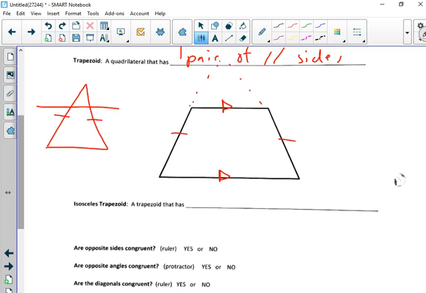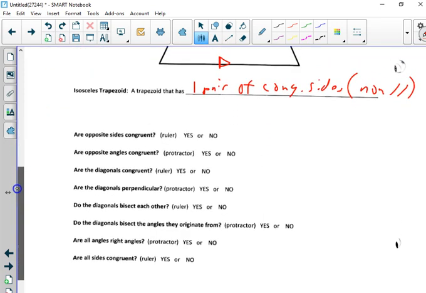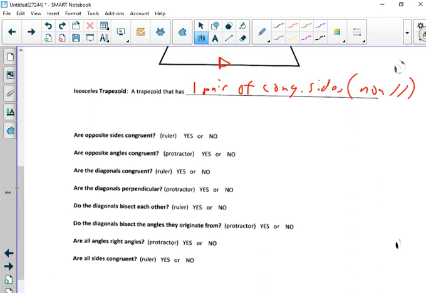So an isosceles trapezoid has one pair of congruent sides. And they are specifically the non-parallel sides. So real quickly, for a trapezoid, are opposite sides congruent? No, only for isosceles.